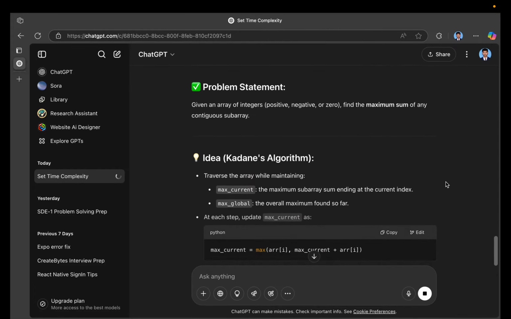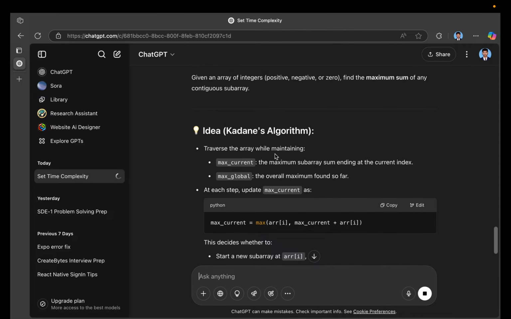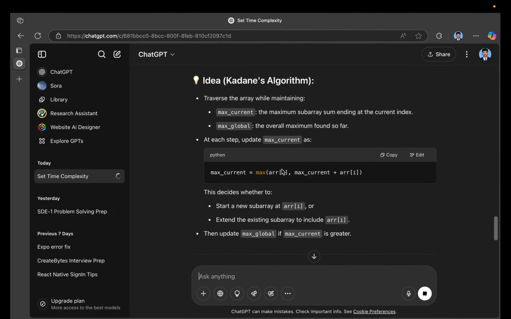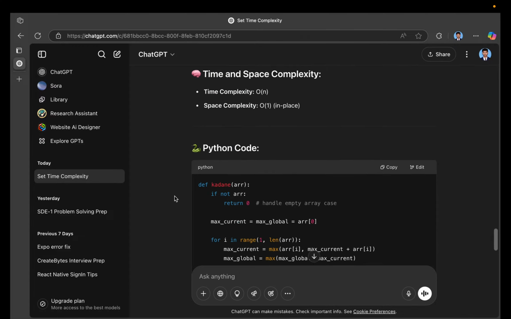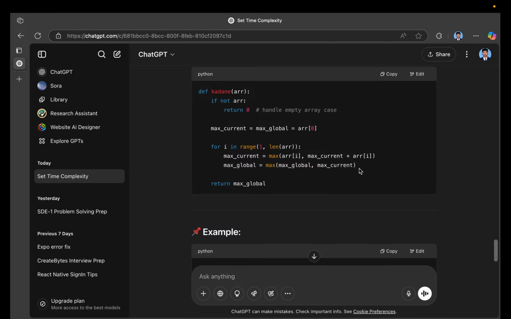This will make it clear. Traverse the array while maintaining max current and max global. Um, I was doing this, yeah. It means I have been using Kadane's algorithm the whole time, and I also didn't know that I was using Kadane's algorithm. Wow.